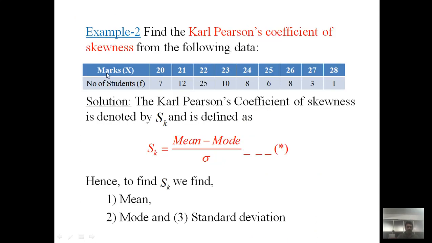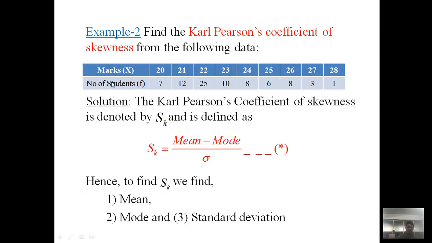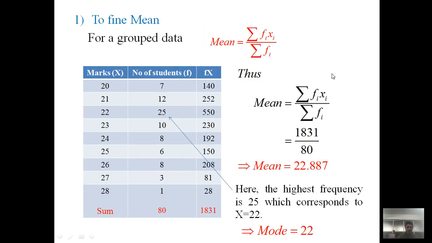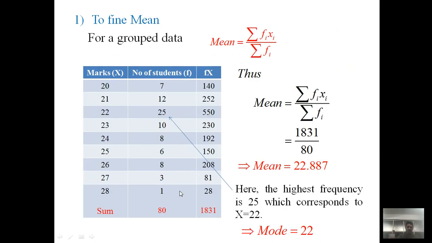For that we write down the first row, that is marks, as the first column: 20, 21, 22 up to 28. And now the corresponding frequency of the students, that is 7, 12, 25 up to 1, is written in the second column.